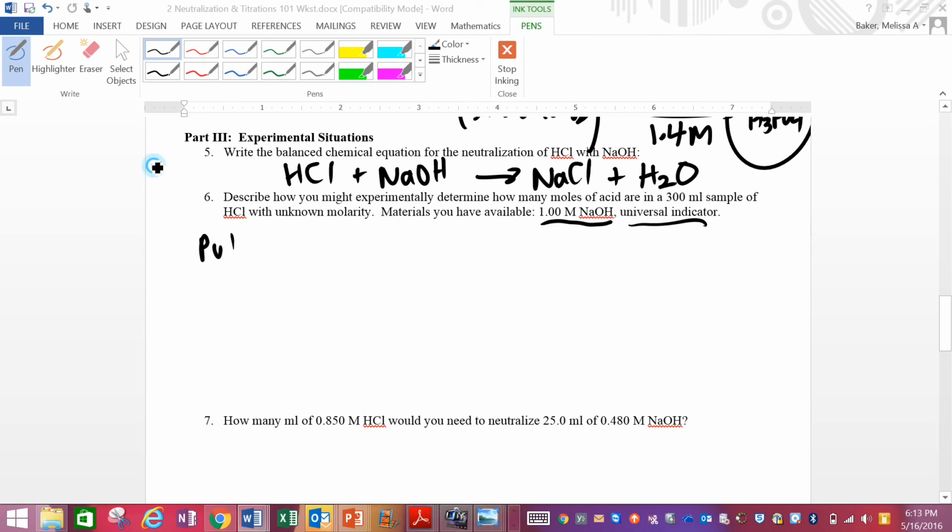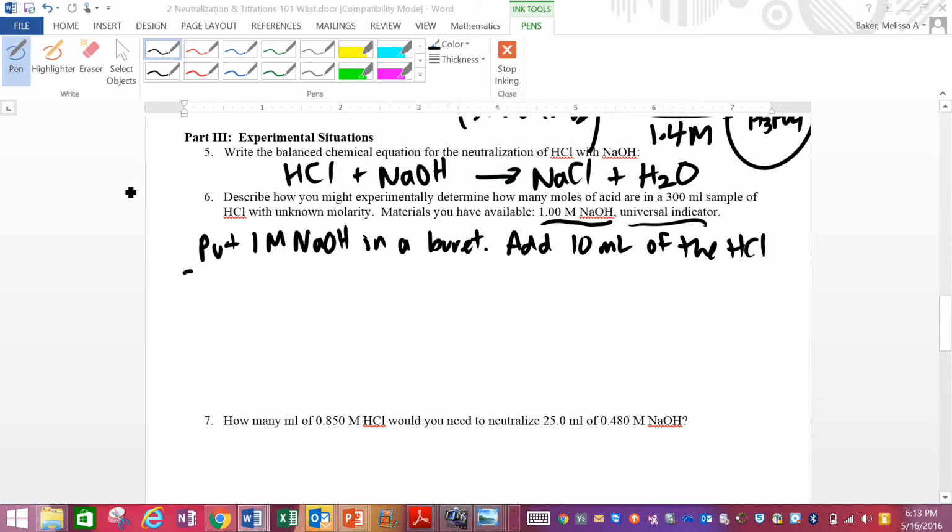Put the 1 molar sodium hydroxide in a burette. Add 10 milliliters of the HCl sample to a flask and add some universal.